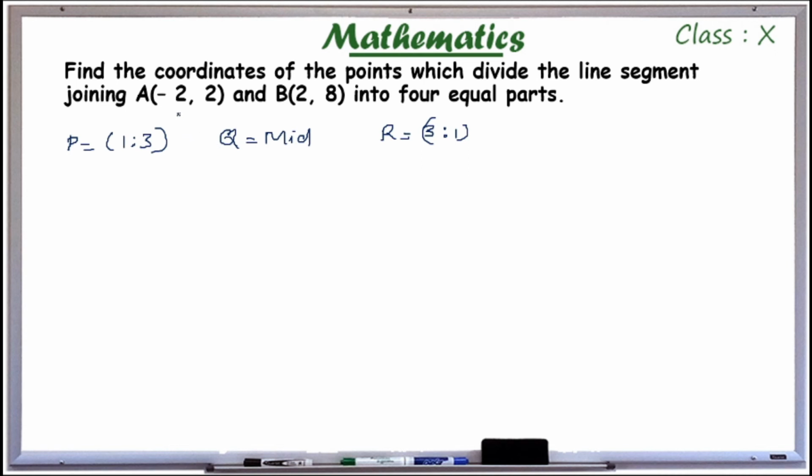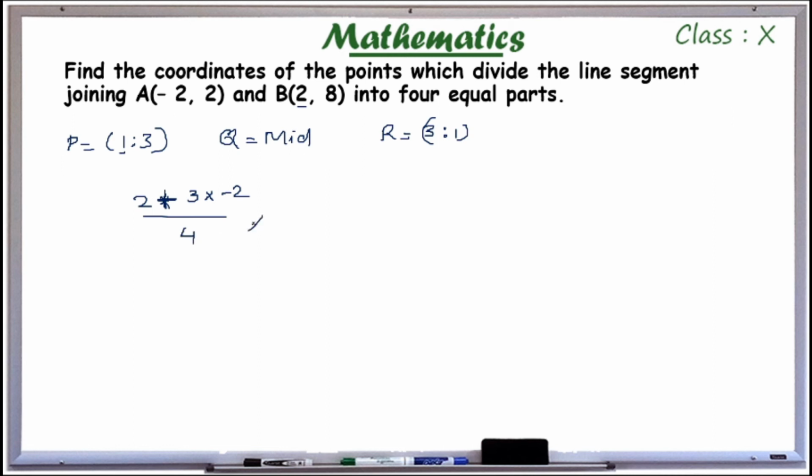Then m1 into x2, where m1 is 1 and x2 is 2, so 2, plus m2 into x1. Here m2 is 3 and x1 is -2, by m1 plus m2. m1 plus m2 is 1 plus 3, which is equal to 4.